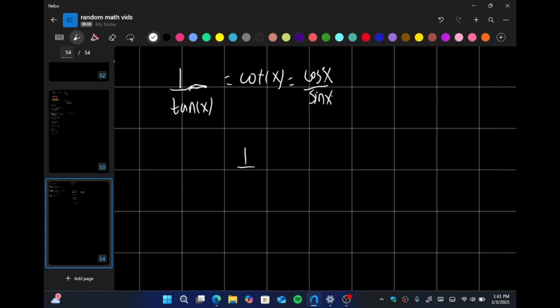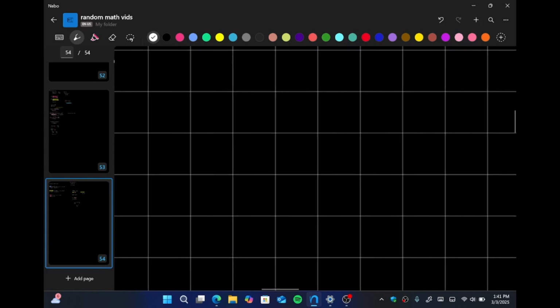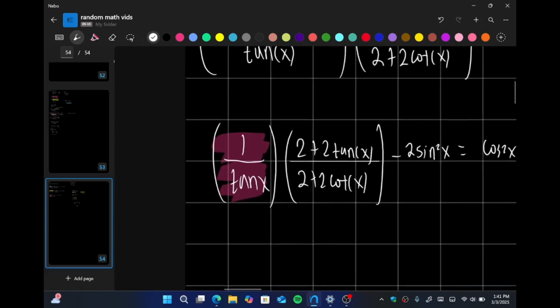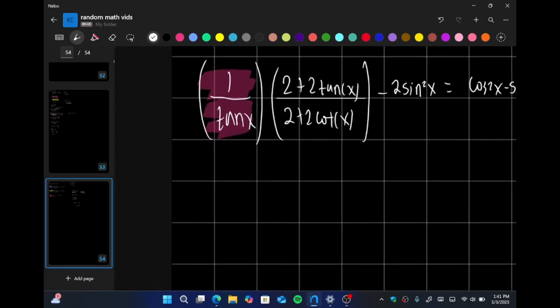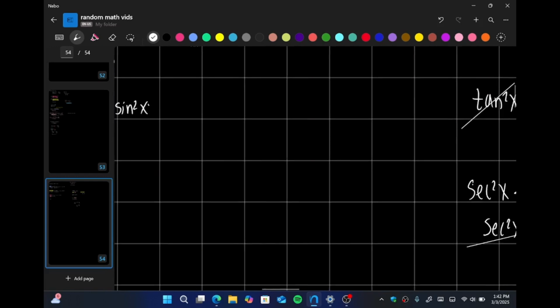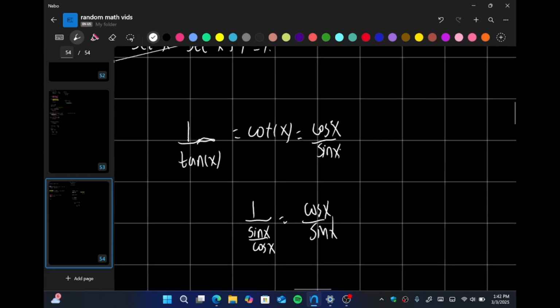You could also say you're just doing the reciprocal, and you get the same thing, okay? So you still get cotangent x. I just want to emphasize that. This is going to actually be cotangent x, right? Which is really cosine x over sine x.